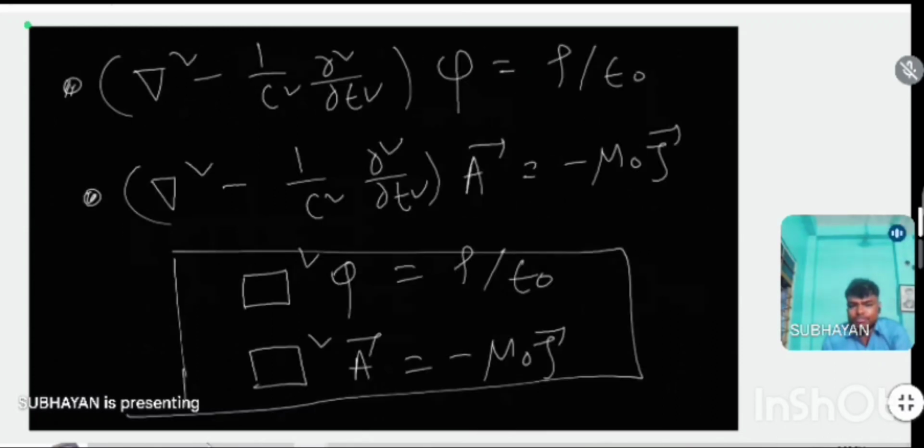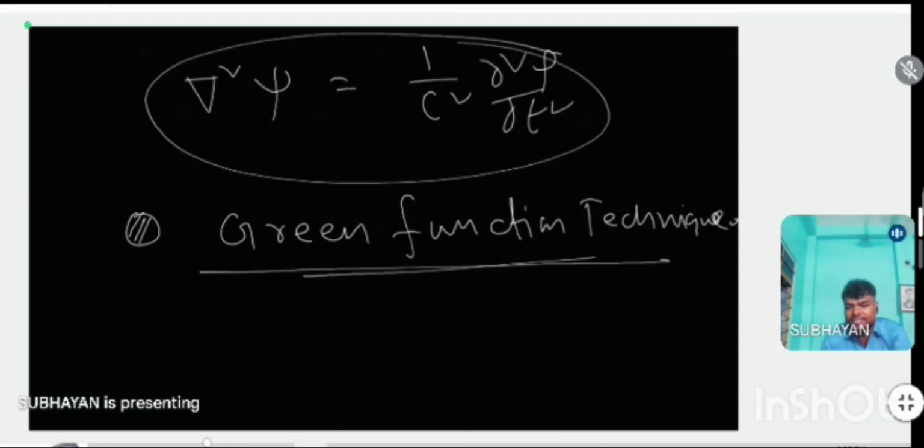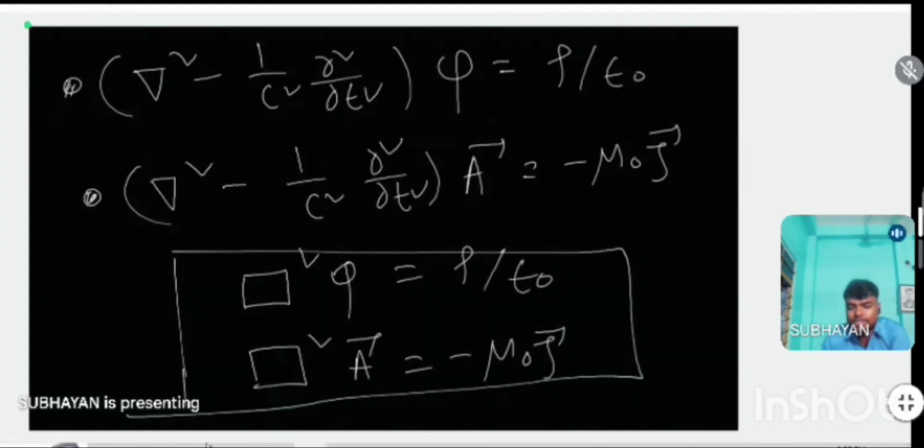So the main purpose of learning this Green function technique is to solve the important physical equations which we may find while studying the laws of physics, mainly in electrodynamics. Because in electrodynamics, you have to solve more and more of these inhomogeneous differential equations.